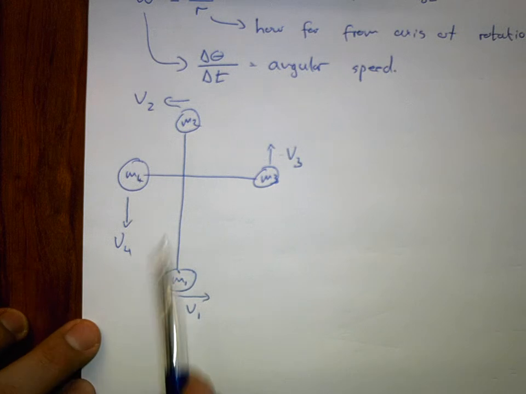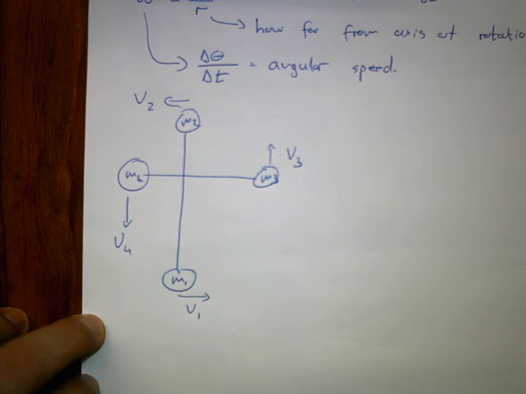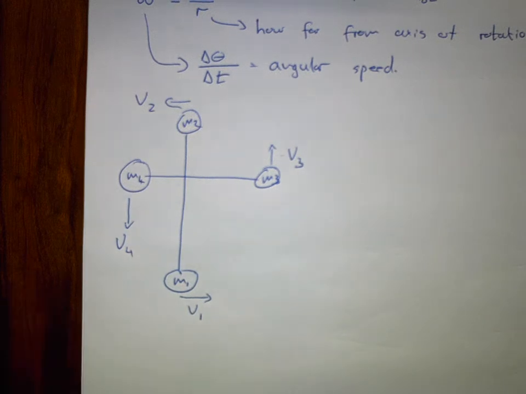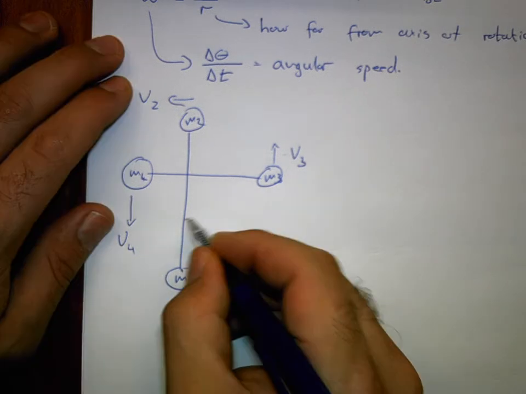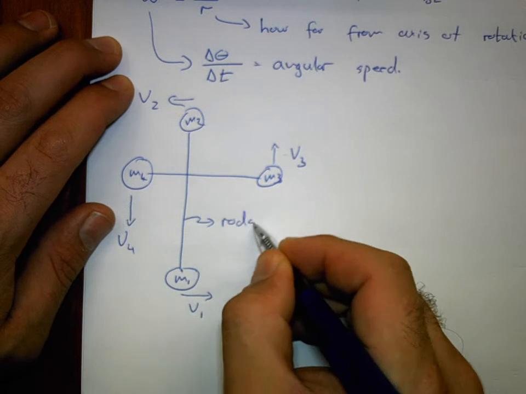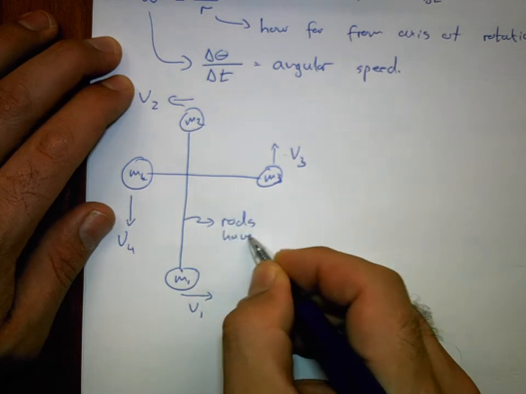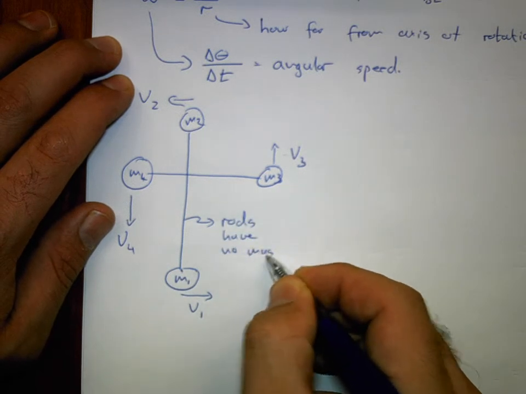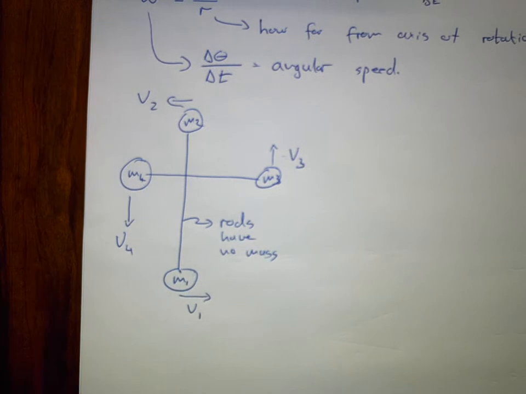And if we assume that these masses are point-like, so they're as small as they can be, and we assume the rods have no mass, so it's a very light material that we use, then we can say each one of these masses by itself has got a kinetic energy.